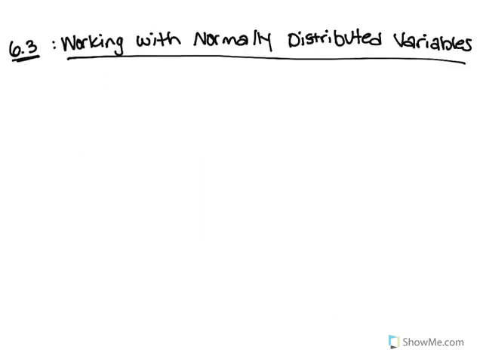All right, the next piece, 6.3, says working with normally distributed variables. Now, this is where our word problems kind of come into play, okay? How do we utilize this in real time, all right? So the first couple of examples that you'll see there on the handout are dealing with IQs.